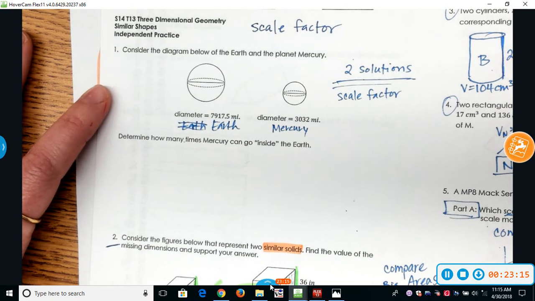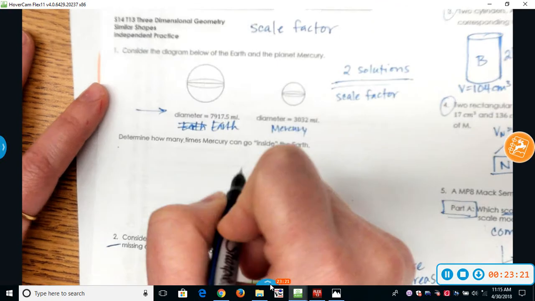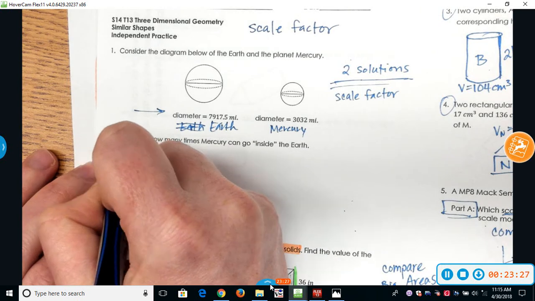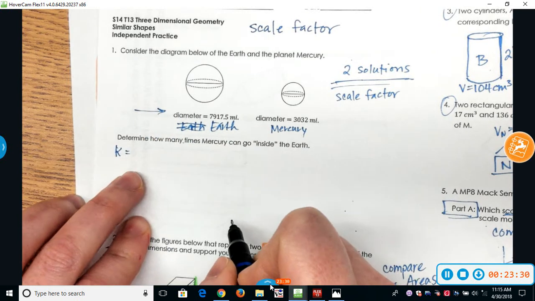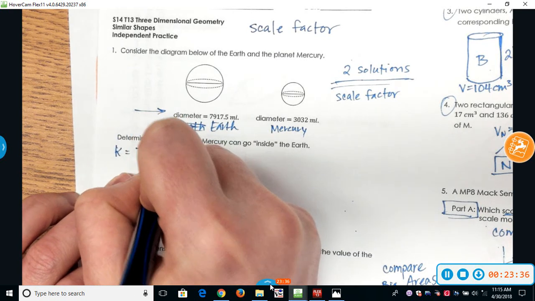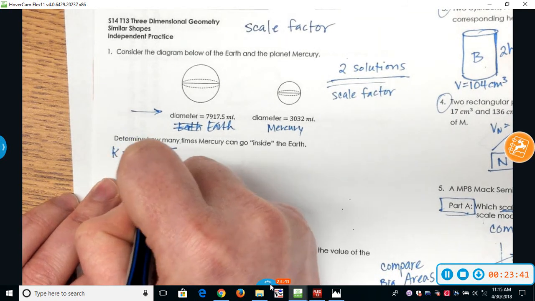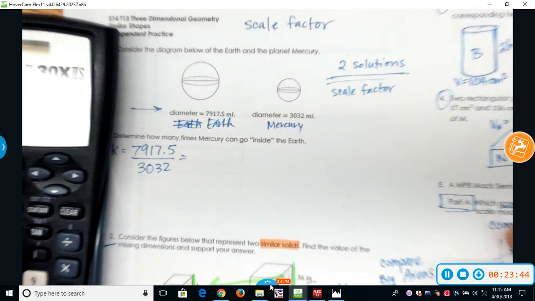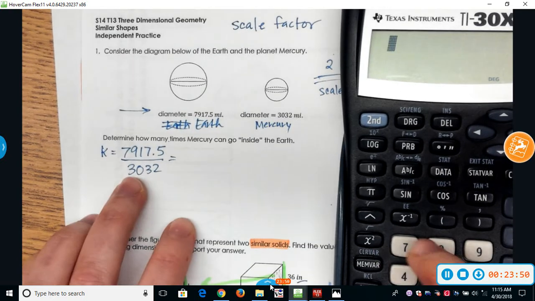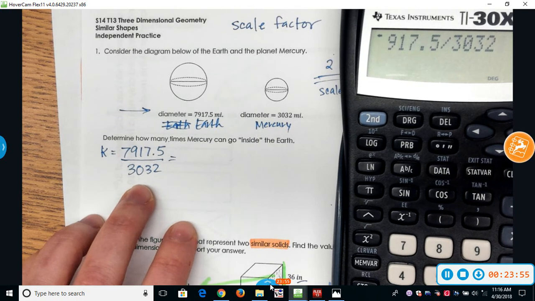The way they want you to solve it is I can get a K by comparing the diameters. That's one of the dimensions. So I'll put Earth on top, 7917.5 over Mercury 3032. So my K, my scale factor, is 7917.5 divided by 3032, enter.